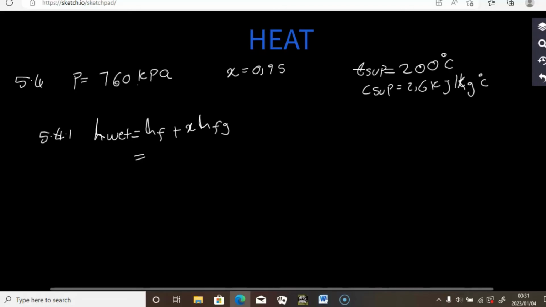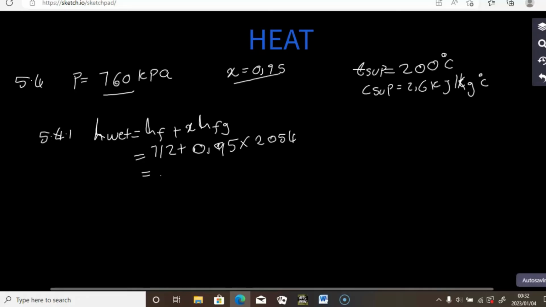We know how. Under 760, I got that the value for HF is equal to 712, plus we have the dryness factor, which is 0.95, times HFG. Under this pressure, which is 760, my HFG, I got that it is equal to 2054.